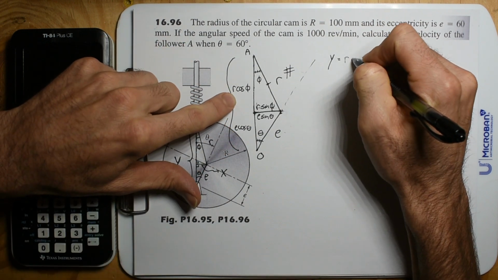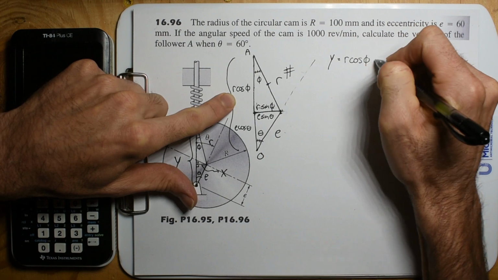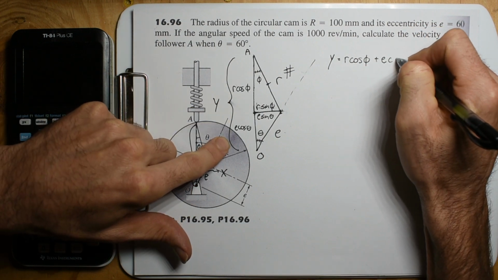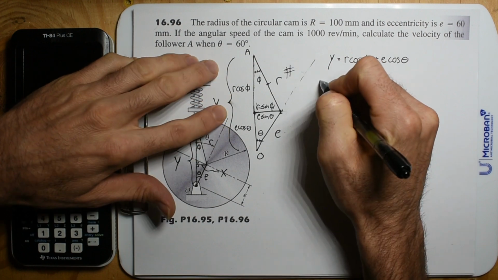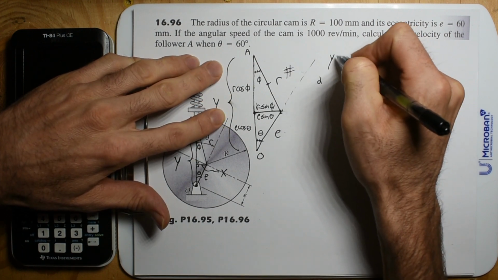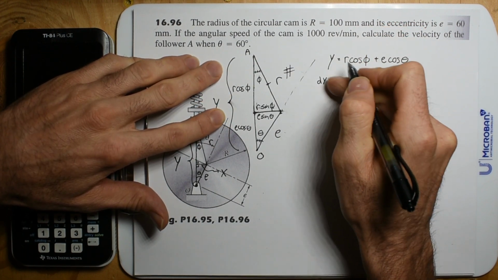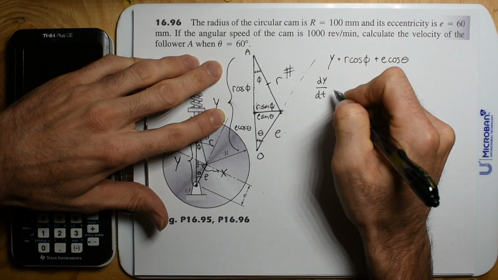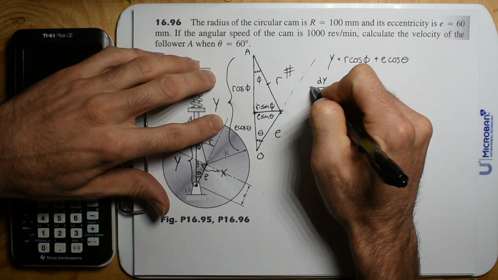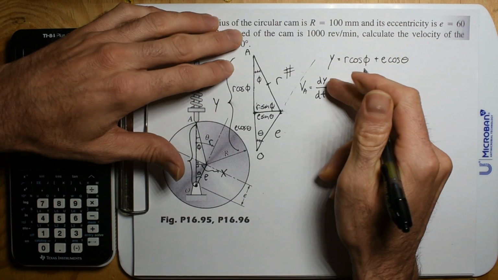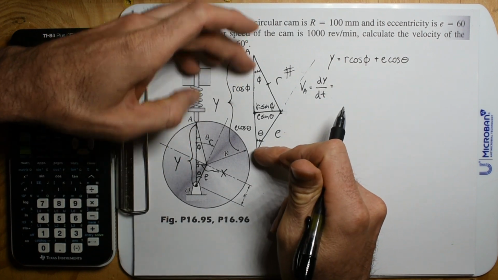Y is going to be R cosine phi plus E cosine theta. The general gist is, let's take the differential of this equation. We can change y with respect to time, and then we'll get the velocity. This is the velocity of A. It's the change in this length with respect to time.